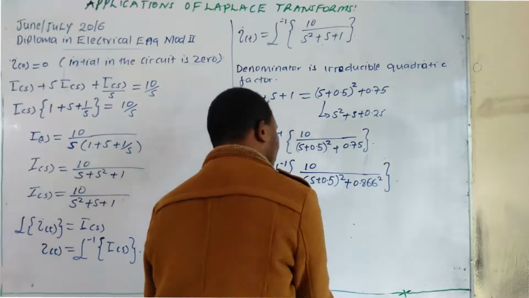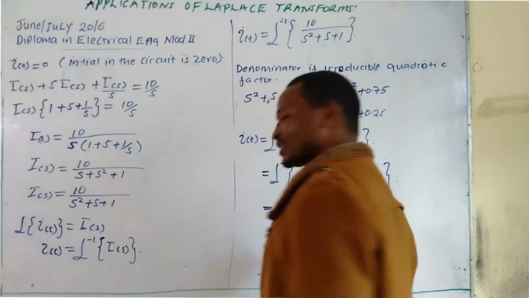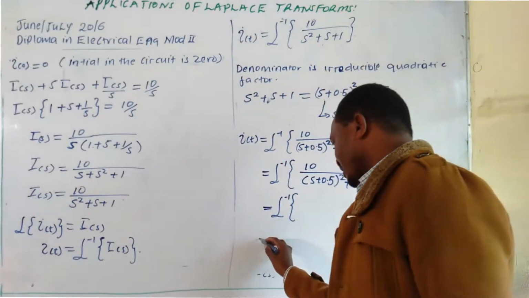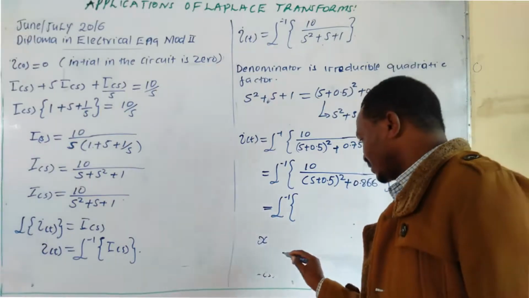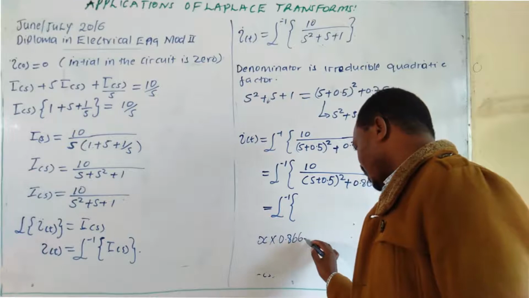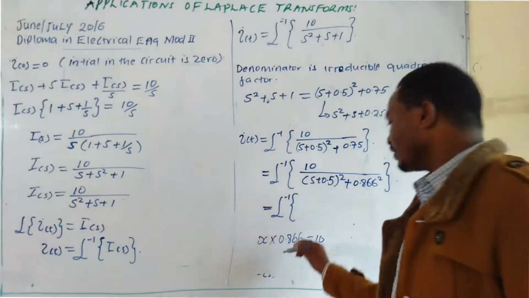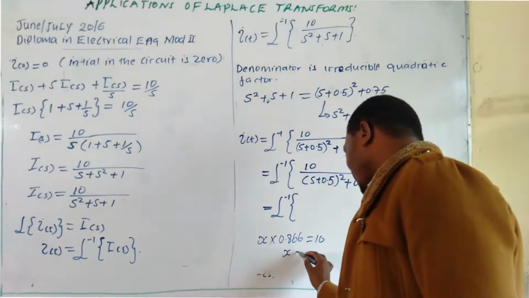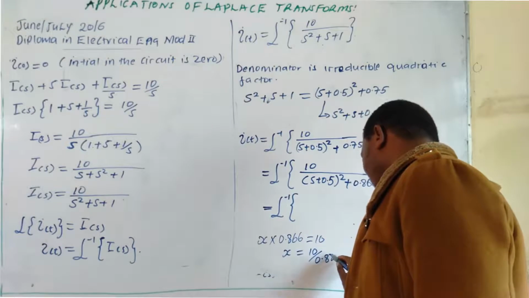Let us find a factor x so that when you multiply it with 0.866, it will give you 10. Obviously that factor x is equal to 10 over 0.866.